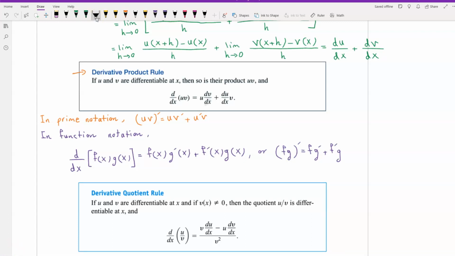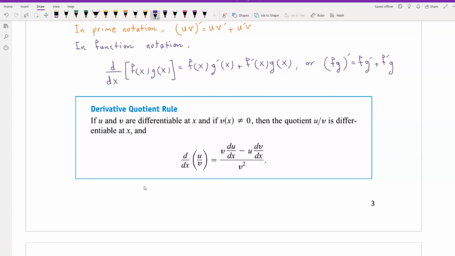So what we have here, this one, that is v prime, and this part here is u prime, and what we have here is u times v prime.